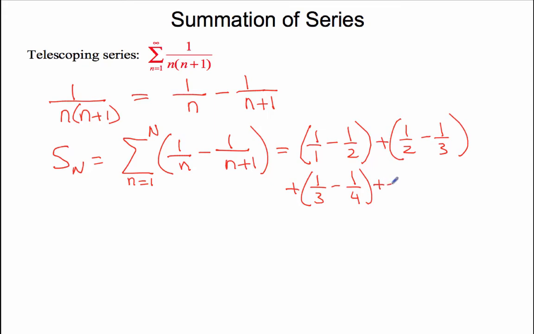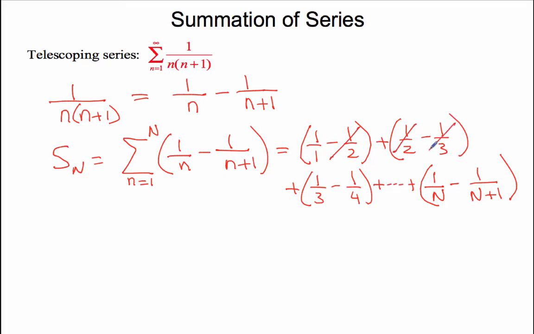And now this will keep going until I reach the last term. And there is a last term because this is going only up till capital N. And there I have 1 over N minus 1 over N plus 1. Now you notice over here that there's a minus half and a plus half. So this and this will cancel.